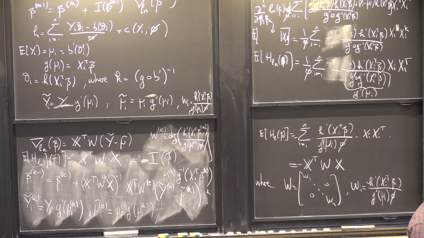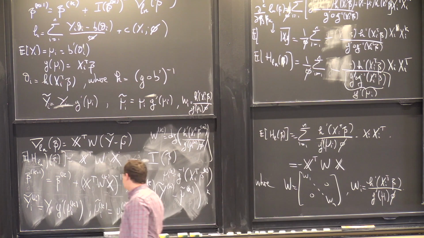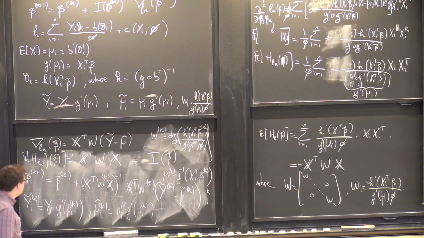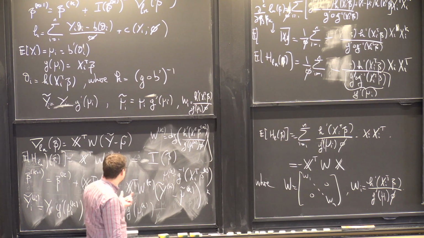You good? All right. So now this is what we have: beta k plus 1 is equal to beta k plus this thing, okay?